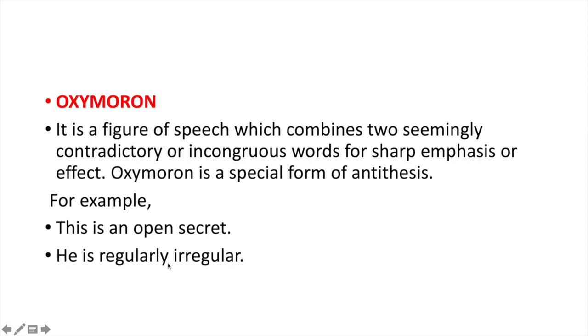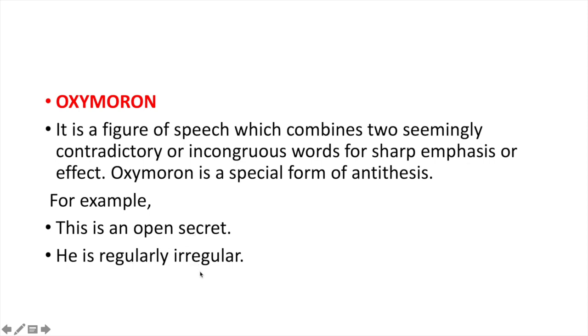In antithesis, between the two opposite words, there will be at least a single word. Any word, it can be and, or, but, not, any word. But in case of oxymoron, between the two opposite words, no word is used. Both the opposite words will be used one after the other. See here, open secret, regularly irregular.